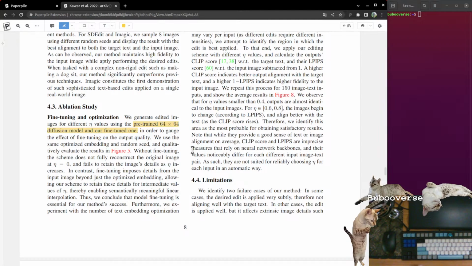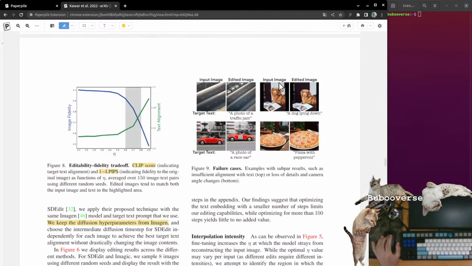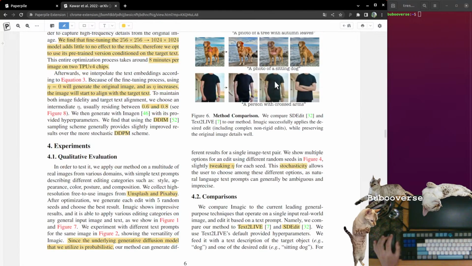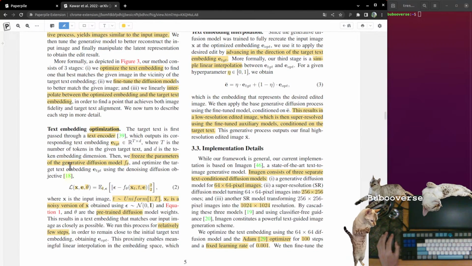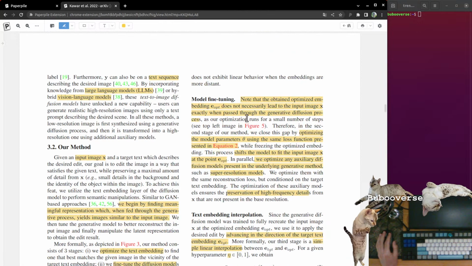This two-part optimization process that we saw described here, where they use this loss function to optimize this target embedding, but then they use that optimized embedding to fine-tune the diffusion model.